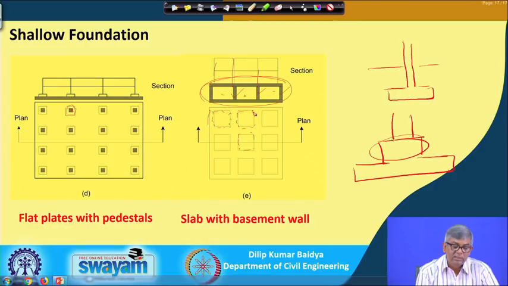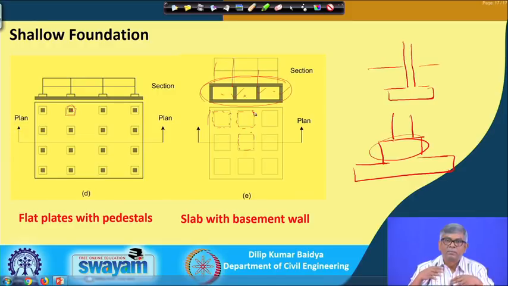So, these are just to mention or to show the different types of foundation available for shallow foundation. The design of the mat foundation is out of the scope of this course, because it is a totally concrete design. When there is a slab type, you have to design it as a slab.